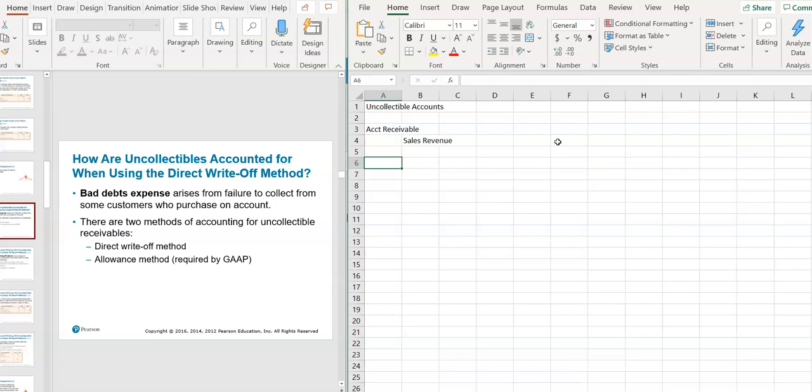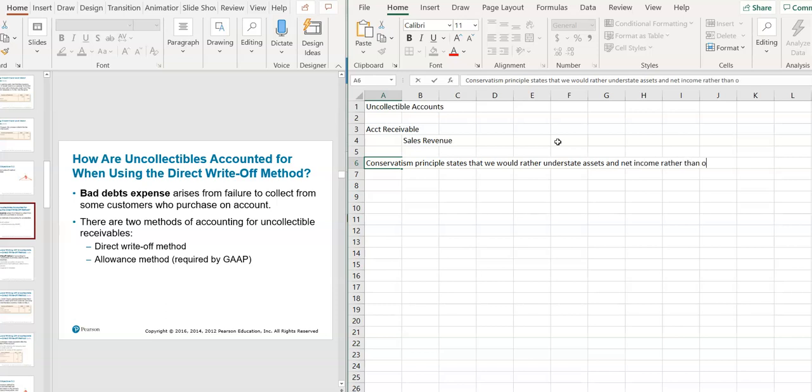because I'm conservative. The Conservatism Principle states that we would rather understate assets and revenue, or I'm going to say net income, rather than overstate them.